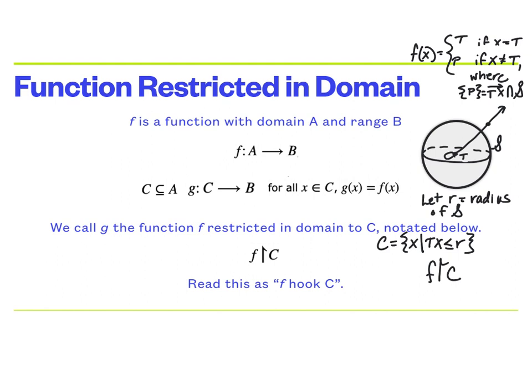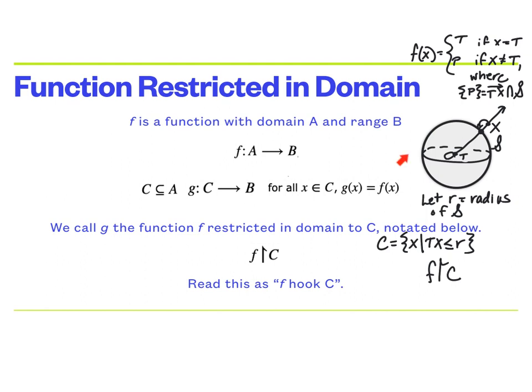Otherwise, if the point was not on the center, it was this point P, where the point P is the intersection of my ray formed when I draw it from T through X, and it was the intersection of that ray with my sphere. So in this case, X would get mapped back to that surface. All the points in space are getting mapped back to the surface of the sphere, except the center point, which gets mapped back to itself.